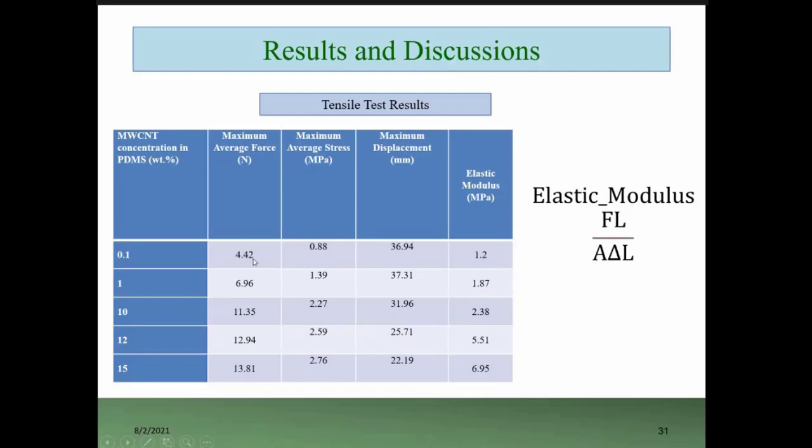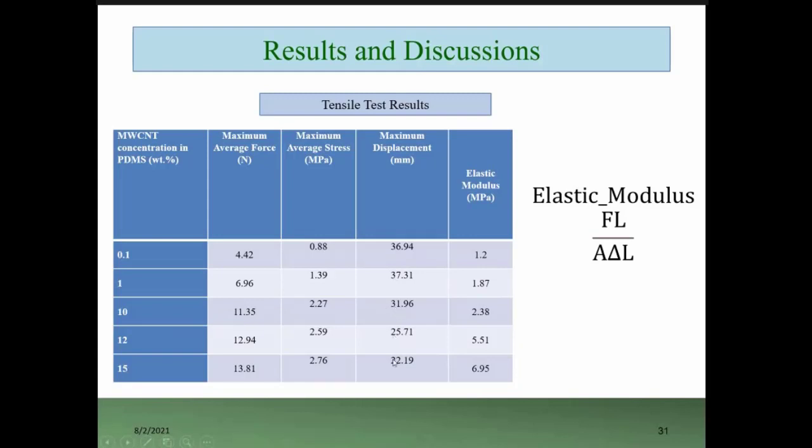We can see that the maximum average force is increasing with the higher amount of carbon nanotube inside the PDMS. But if I notice the column of maximum displacement, we can see that up to 1 weight percentage, the displacement is increasing. Now, if I go to 10 weight percentage, it started decreasing.